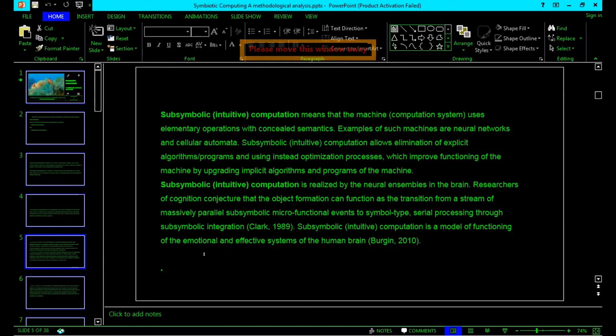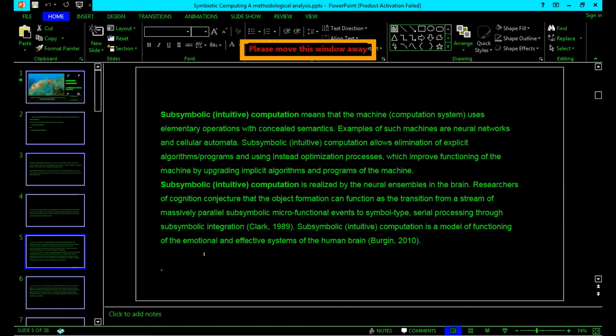It's necessary to remark here that the majority of computer scientists think that when sub-symbolic computations are performed, there are no algorithms that control them.